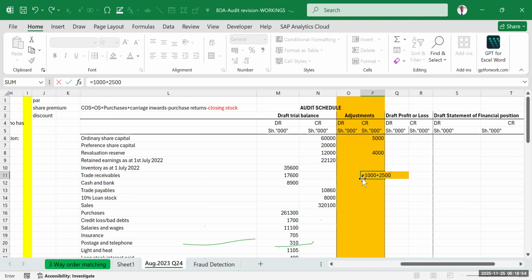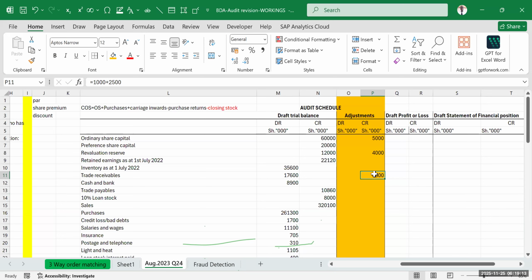That's why we are crediting this account, which normally has a debit balance. When we credit, we are reducing it further. So we are going to reduce it by a total of 3,500. That is one entry on the credit side.